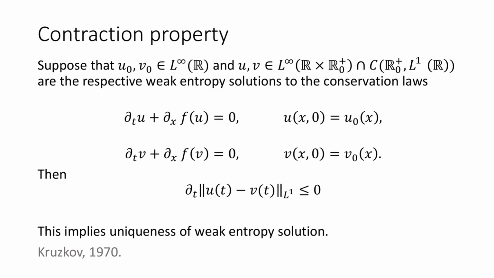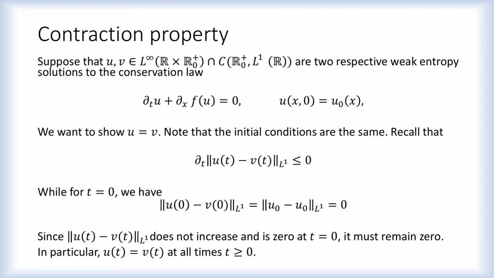It can only decrease. So practically, if I've got two solutions to the same conservation law, but with different initial data, then over time, the two solutions will not diverge apart from each other, but they might converge to each other over time. As already mentioned, the contraction property, in fact, implies the uniqueness of the weak entropy solution.